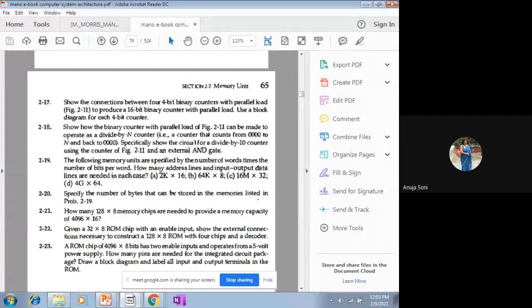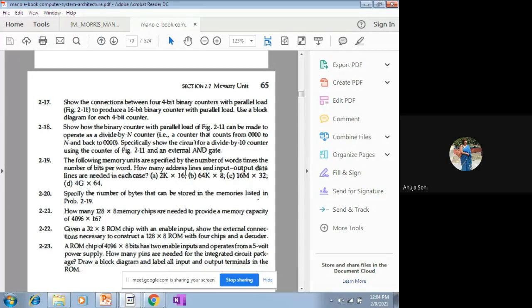So the following memory units are specified by the number of words times the number of bits per word. This is A part. I'm going to explain in a similar manner. You can go for the remaining parts as well. How many address lines and input output data lines are needed in each case? So 2k into 16: 2k will refer to the number of words, 16 will refer to the number of bits in each and every word.